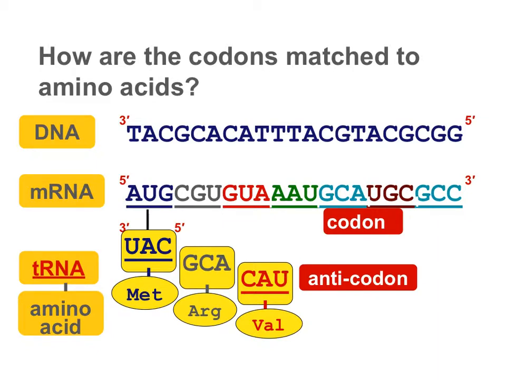But conceptually and realistically, what is actually going on in the cytoplasm at the ribosome? What happens is that the amino acids that we've talked about that are linked together are actually carried on a third type of RNA called tRNA, or transfer RNA.